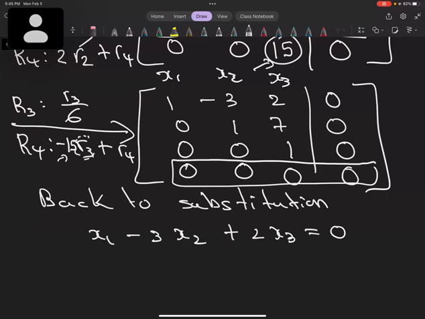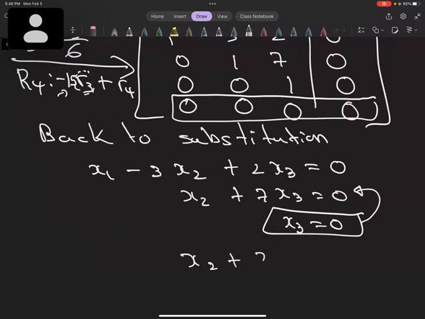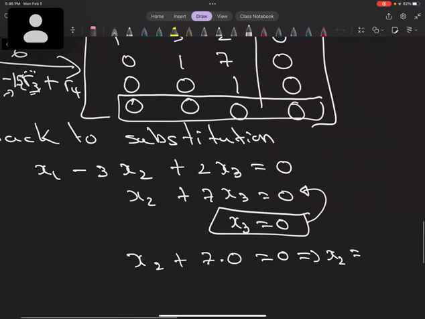For the next one, it's going to be 1x2 plus 7x3 is equal to 0. And then the last one is 1x3 is equal to 0. Good, thank you. So x3 is equal to 0, so I need to go back substitution over here. Then I get x2 plus 7 times 0 equals 0. So what do I get? x2 equals? It equals 0, thank you.